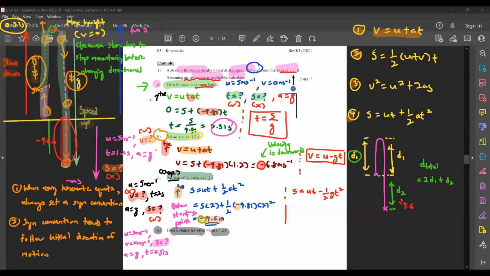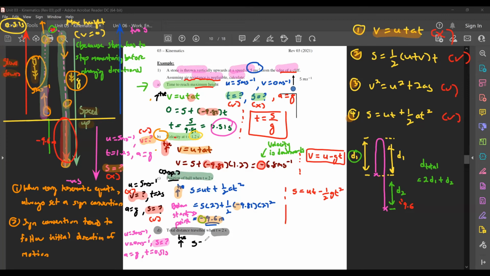You can see here, I can use equation 2, I can use equation 3, I can use equation 4, except equation 1. So I can use any one of these except equation 1. For my case, I'll probably just make use of, say, equation 2. All right. If I make use of equation 2, same thing as before, up is considered to be my positive sign convention.